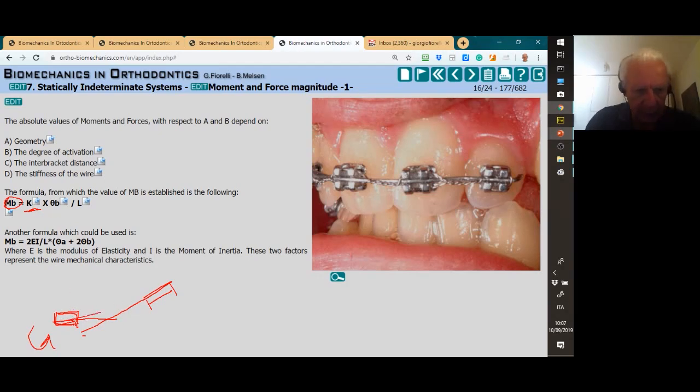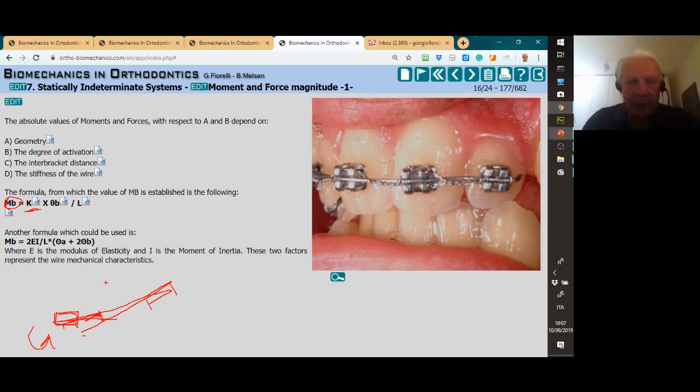So just imagine you have this thing here, and divided by the interbracket distance. So it's understandable that no clinician can have an idea of this amount. That's why this is considered indeterminate.